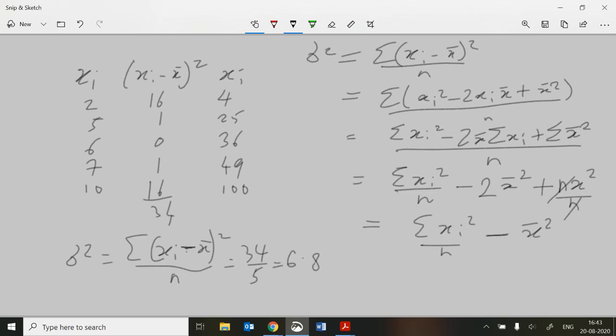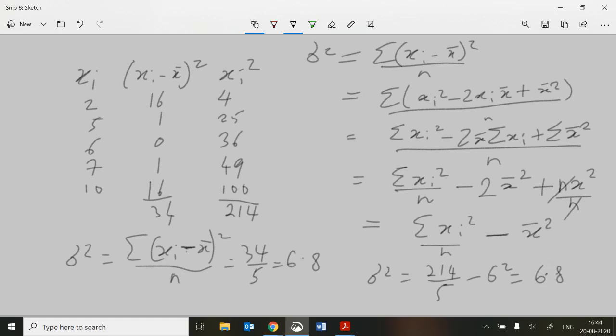If we sum all of those xi squared, I was going to put in this column, then we're getting a total of 214. And now we can say, let's do 214 divided by 5, take away, and what was x bar? x bar was 6. So take away 6 squared, and you'll find out that that's also equal to 6.8.